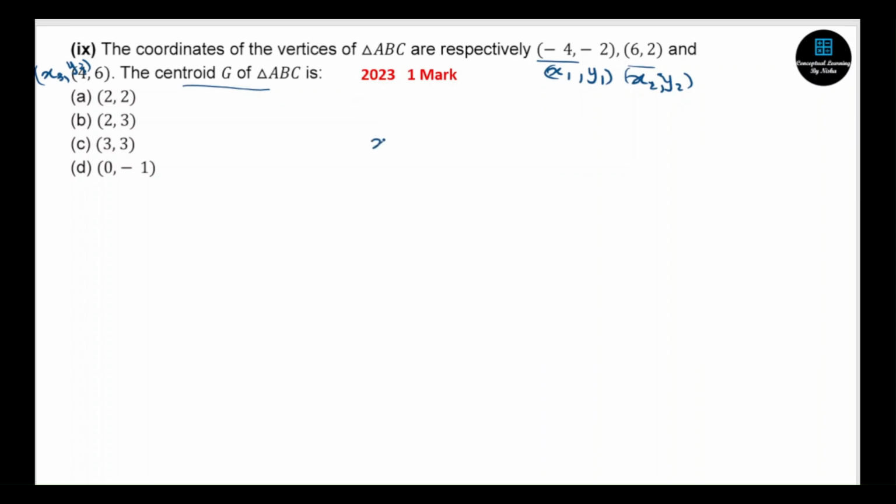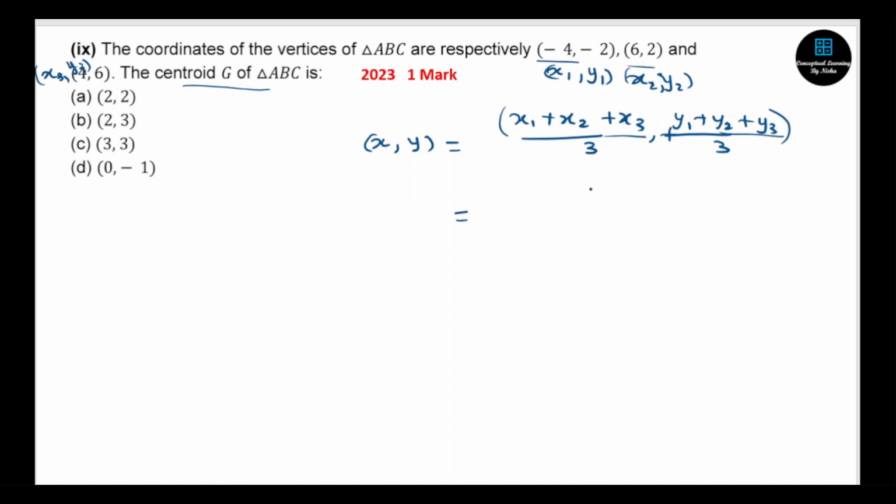The coordinates of the centroid are given as (x, y), which is equal to (x1 plus x2 plus x3) over 3, (y1 plus y2 plus y3) over 3. Substitute the values and we can find the answer.